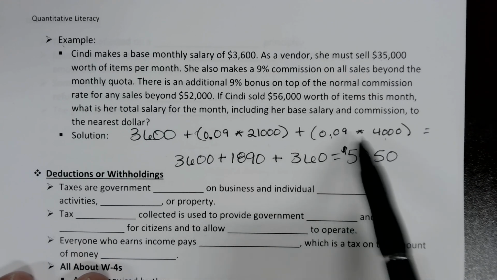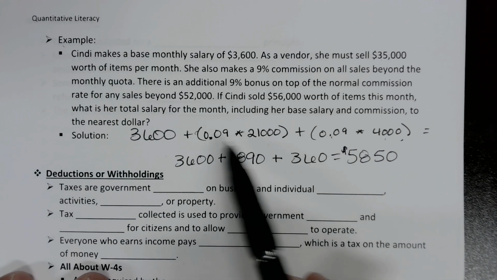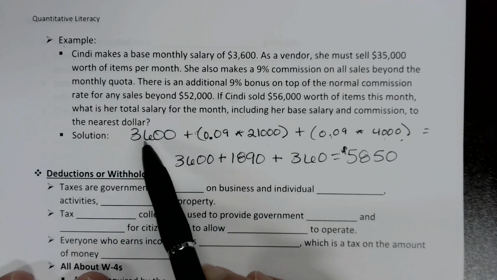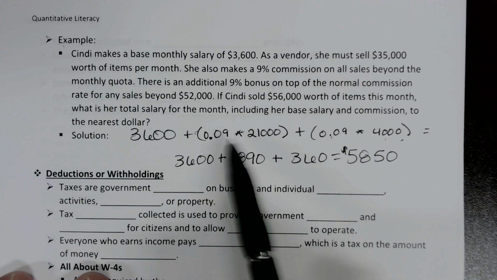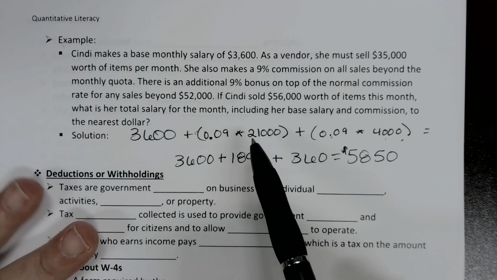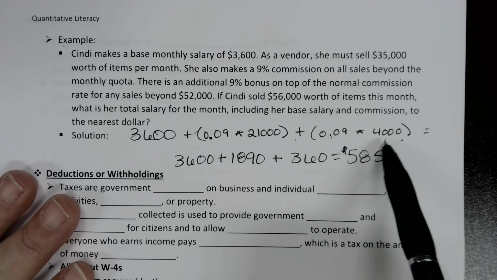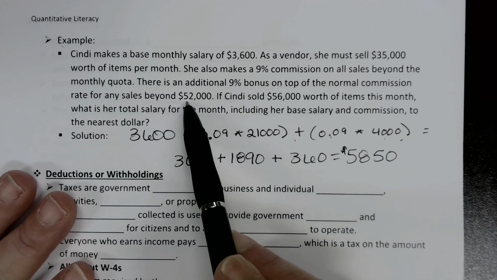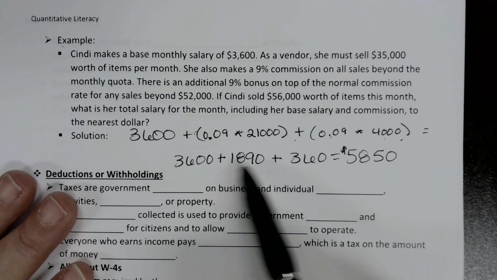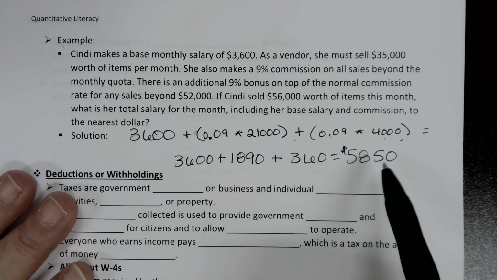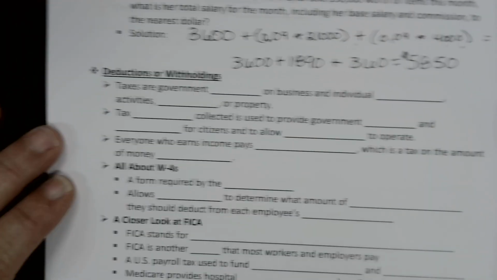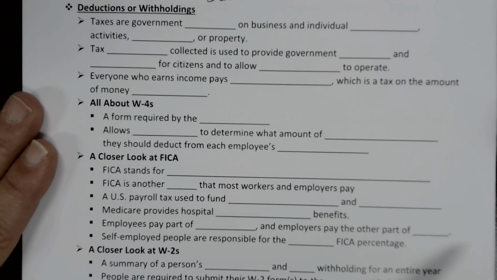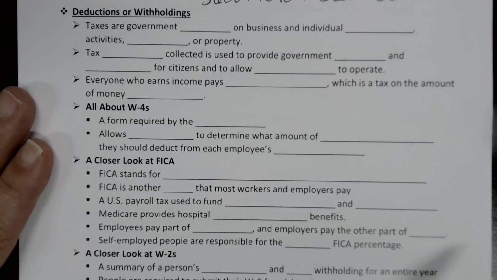Like, you get paid 18% for that $4,000. So this is the way you figure that. Her base salary plus what she sold above the minimum, plus whatever she sold above the $52,000. And that comes out to $5,850 a month.